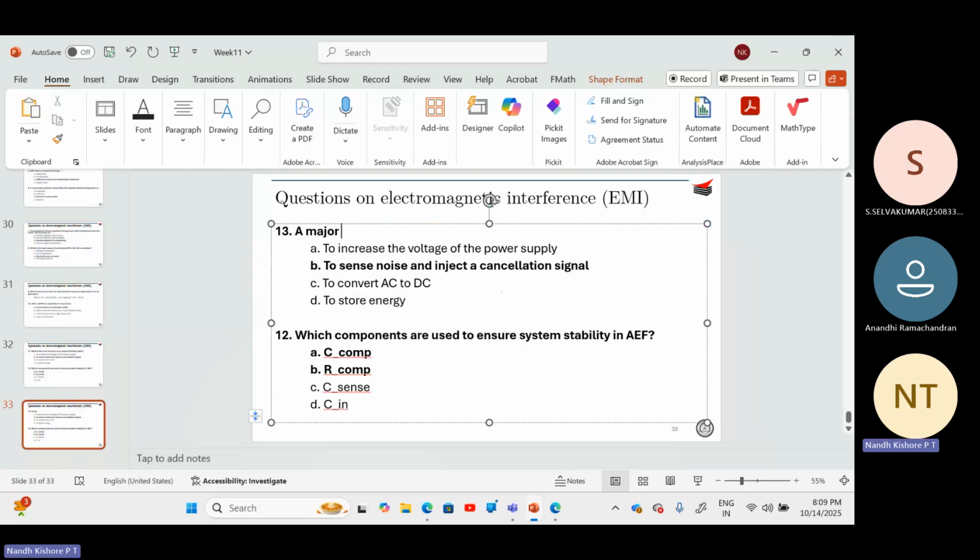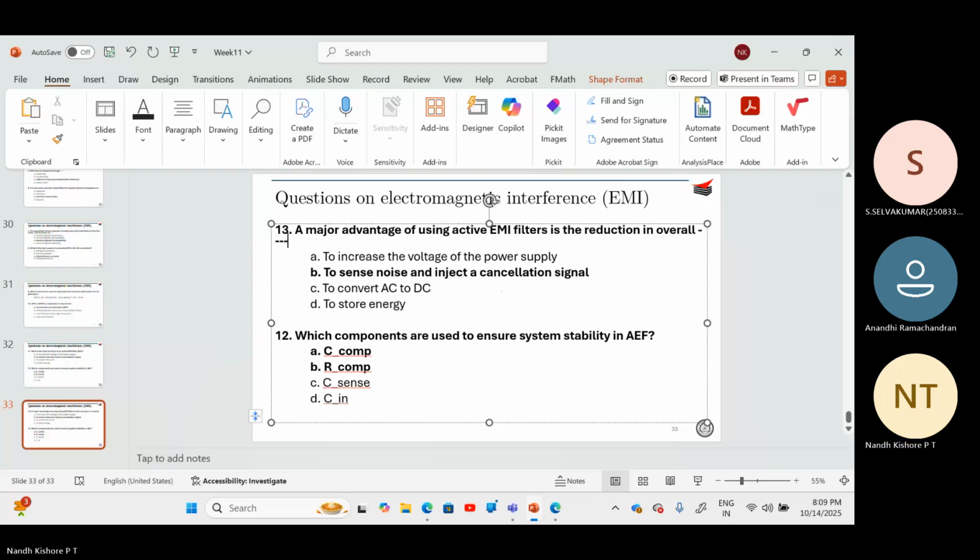A major advantage of using active EMI filters is the reduction in overall dash of the filter components.